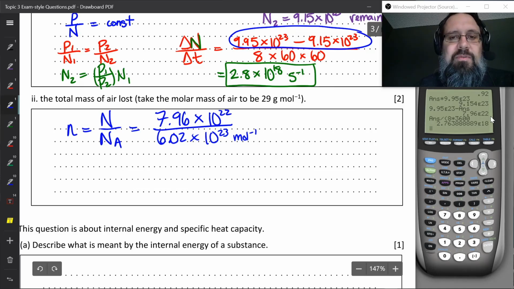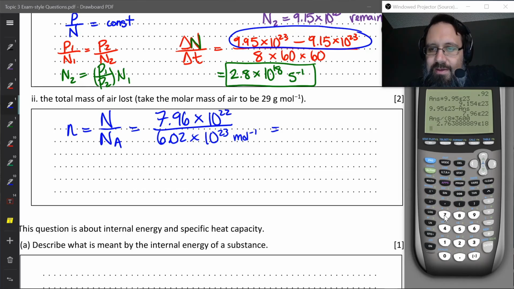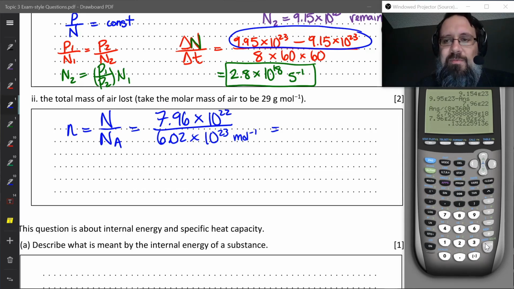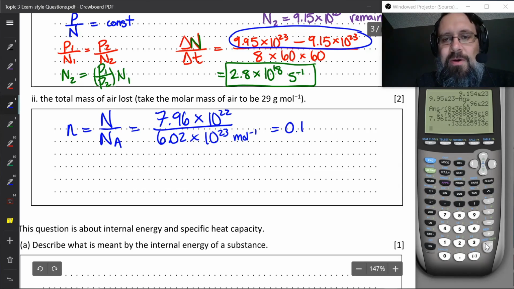This will give us the number of moles. It's a very small amount, 0.13, and I'll carry an extra digit to avoid rounding errors. Moles.